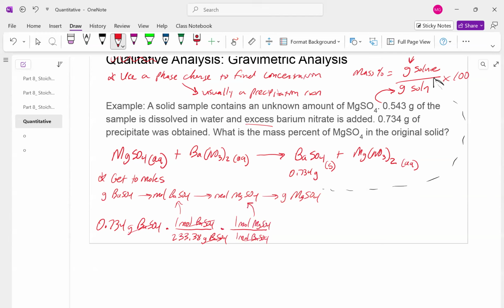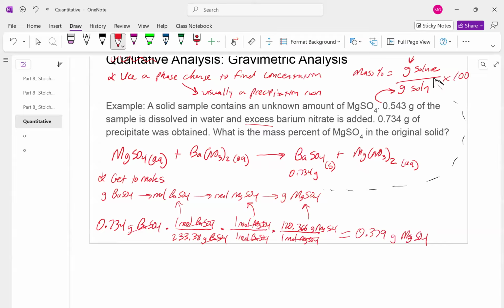And all I have to do is use the molar mass of magnesium sulfate to get to grams. So again, add up all the masses from the periodic table. And now I'm at the end of my flow chart. So let's do all this math. And that comes out to about 0.379 grams of magnesium sulfate.